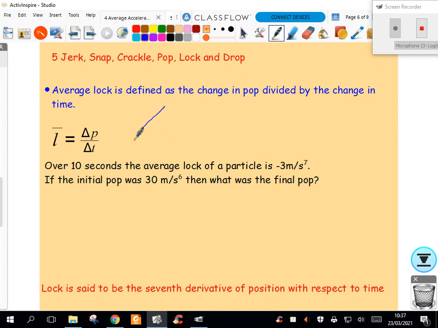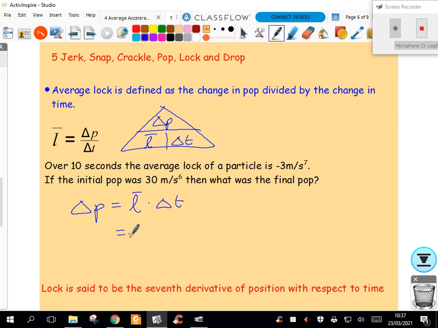And again, think about this as one of these silly triangles. Change in pop, average lock, change in time. So I can find the change in pop by multiplying the average lock by the change in time.